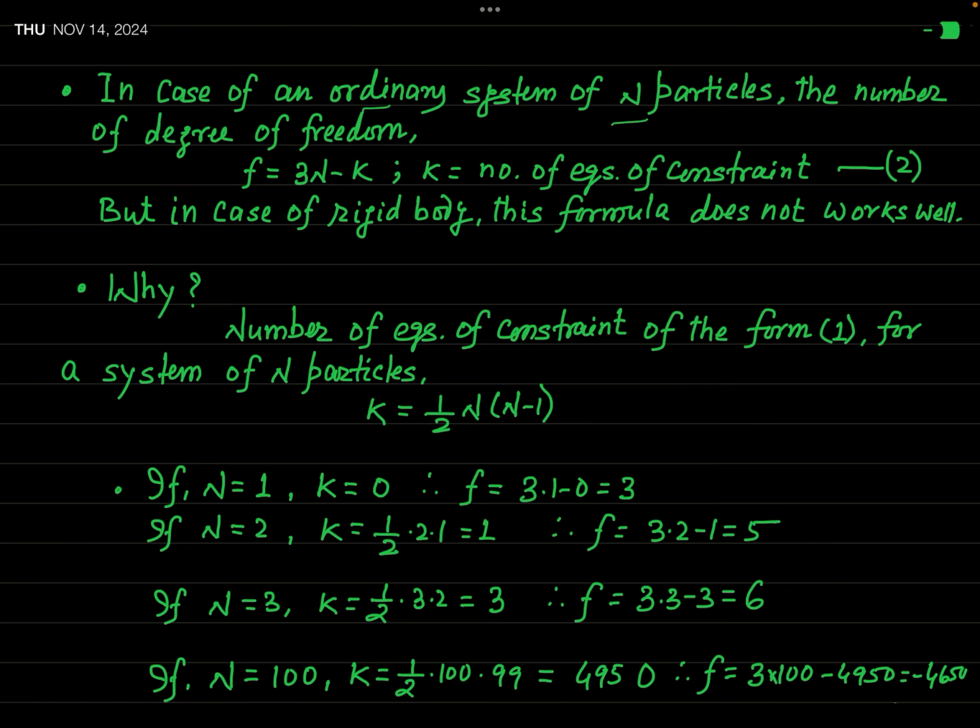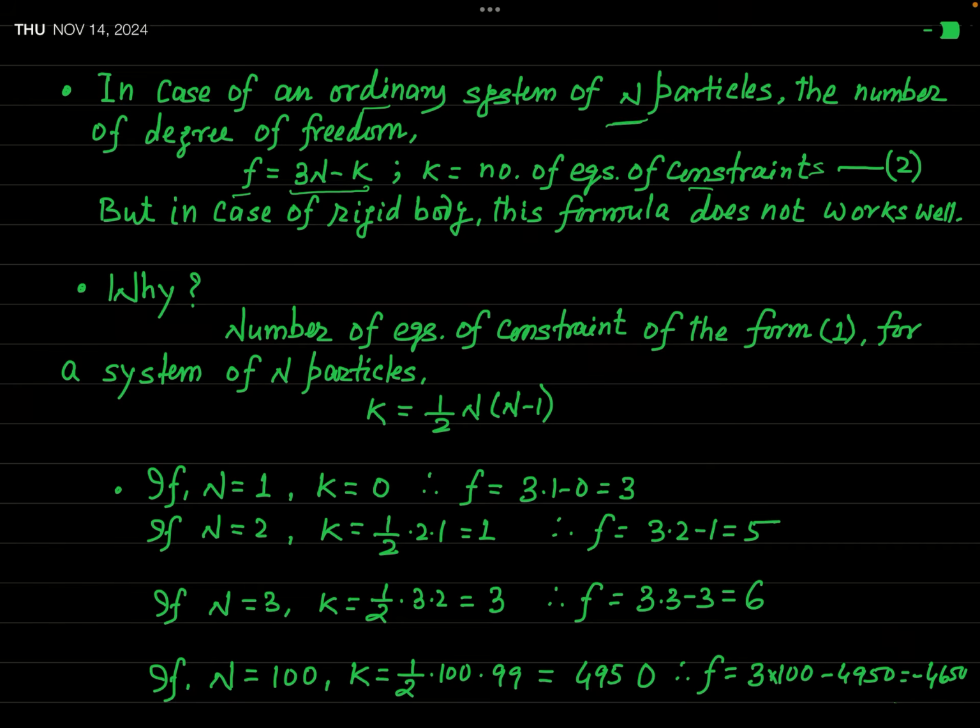So in that very ordinary system containing n particles, the degree of freedom f is given as 3n minus k. You can remember. What is this k here? k actually represents the number of equations of constraints.